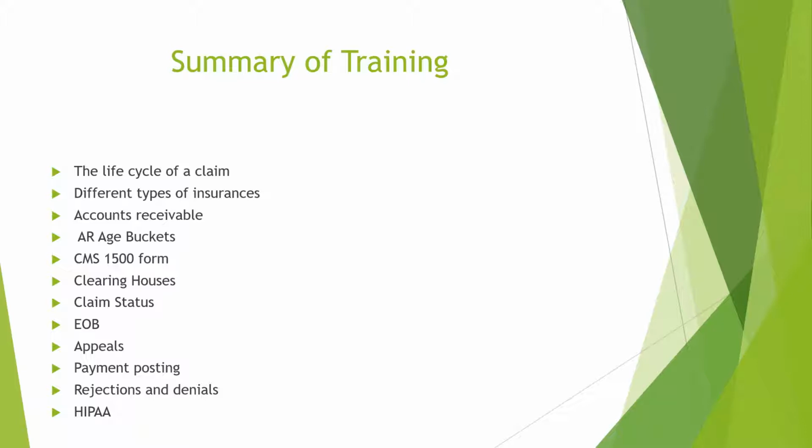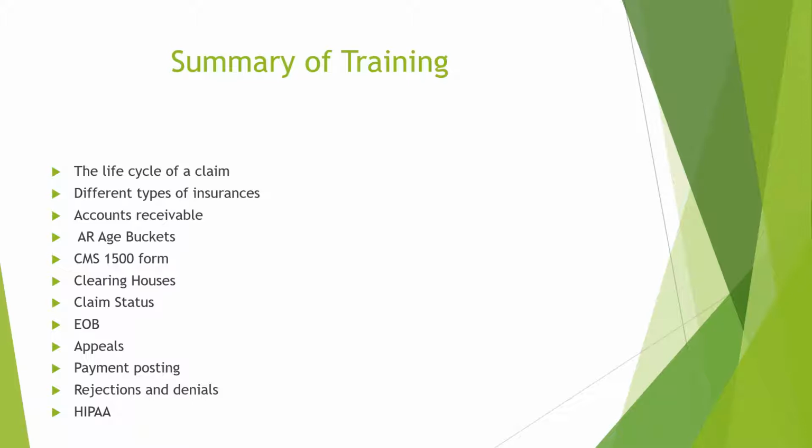We went over the EOB. This is very important in AR because you will need to look at the EOB at times when you receive denials to see why the insurance company denied the claim. We went over the process of appeals. Remember to keep in mind that when you appeal a claim, you need to make sure you have all your supporting documentation ready to fight the decision made by the insurance company.